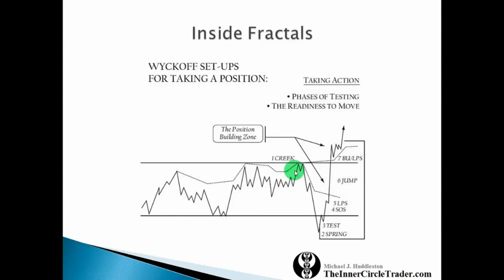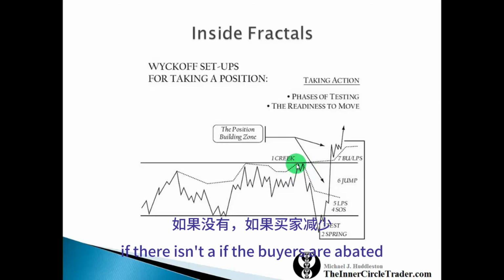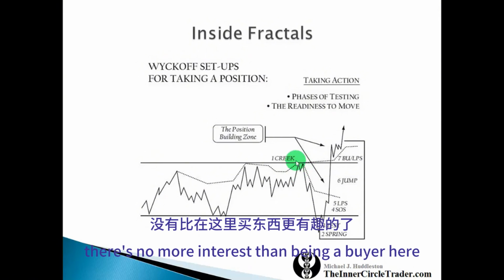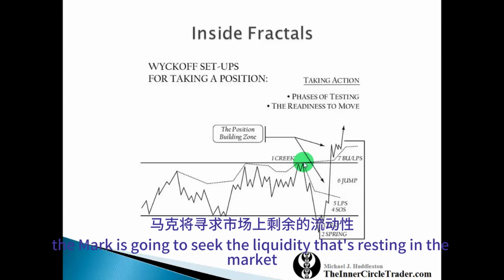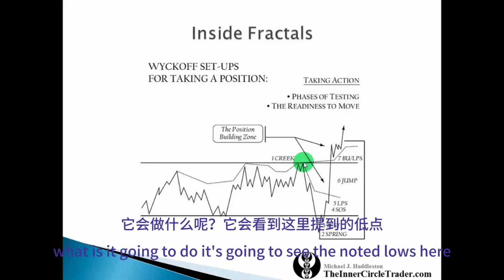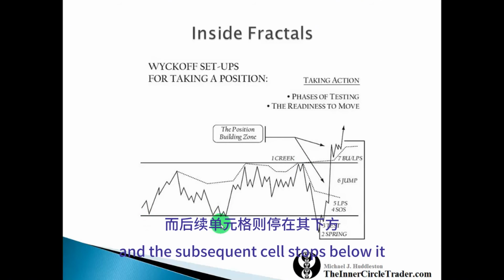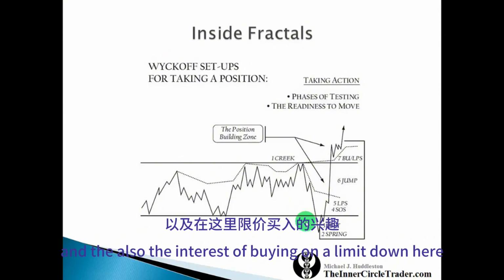If the buyers have abated, there's no more interest in being a buyer here. What's going to happen? The market's going to seek the liquidity that's resting in the market. What is it going to do? It's going to see the noted lows here and the subsequent sell stops below it, and the interest of buying on a limit down here.